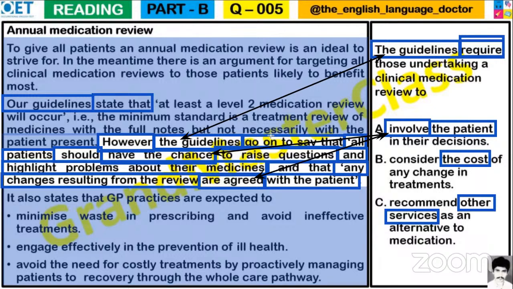The guidelines require, go on to say that, all patients, any patient, in their decisions, any changes or decisions made, they should be agreed with the patient. So patient is important, cost is not important, other services are not important. Try to understand that particular point there.